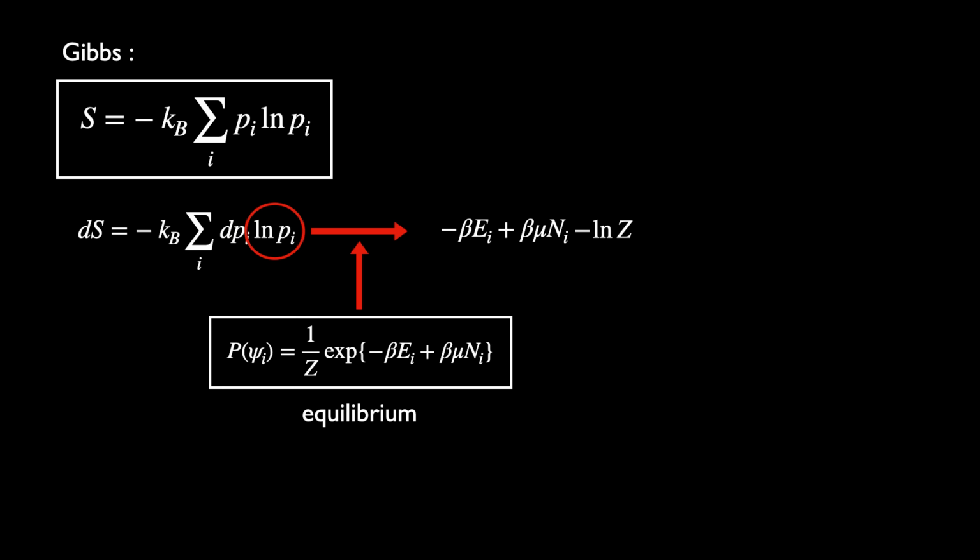The expansion gives minus beta E_i plus beta mu N_i from the exponential, and minus log Z from the normalization factor. This last term, with no i dependence, leads to the sum of dP_i, which gives 0.